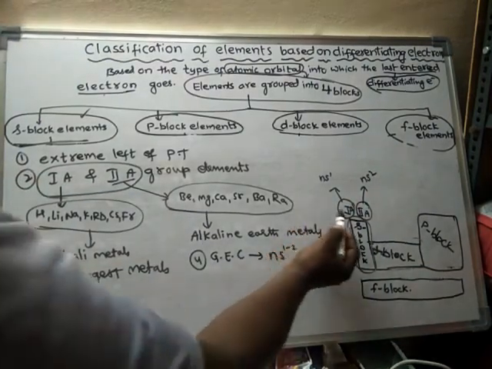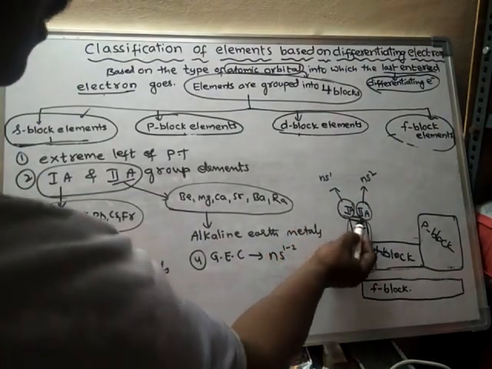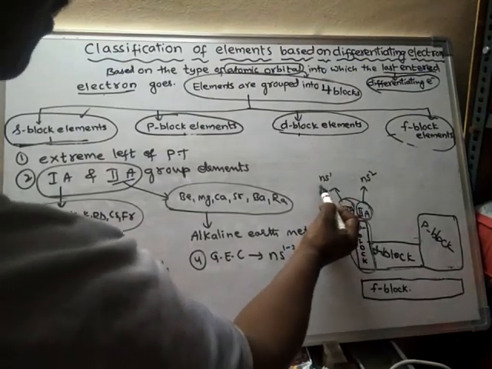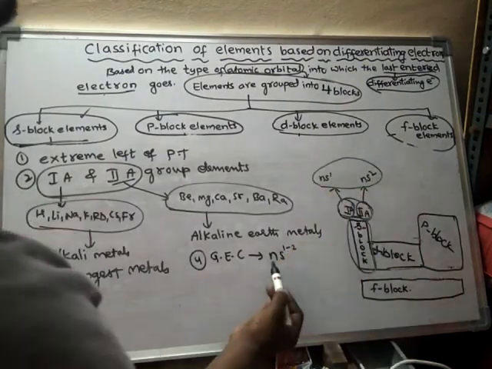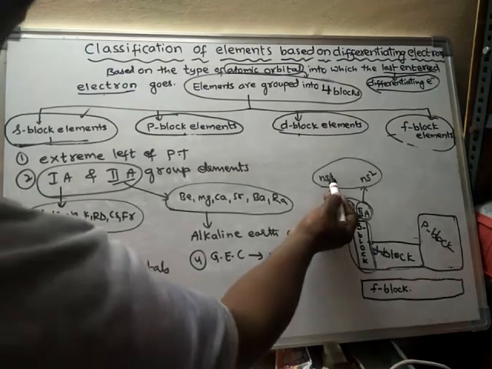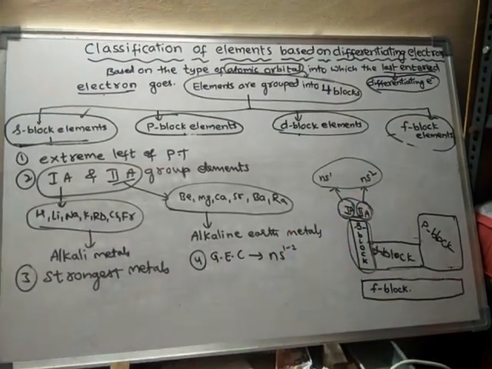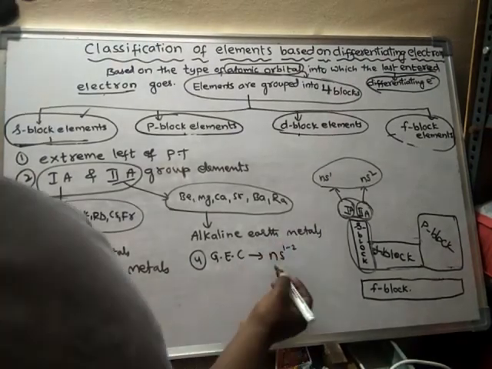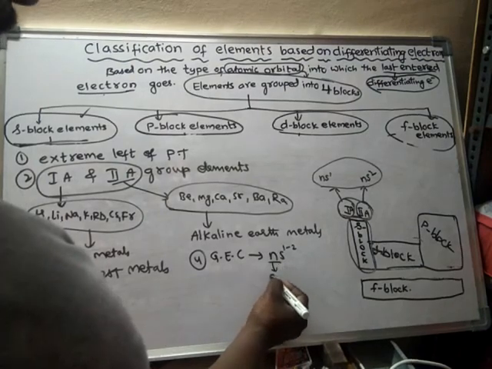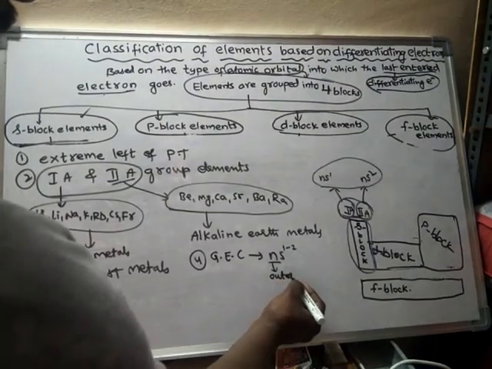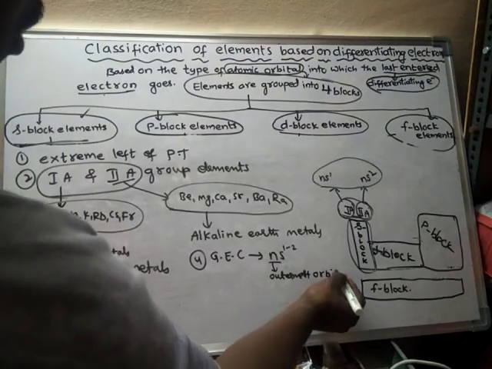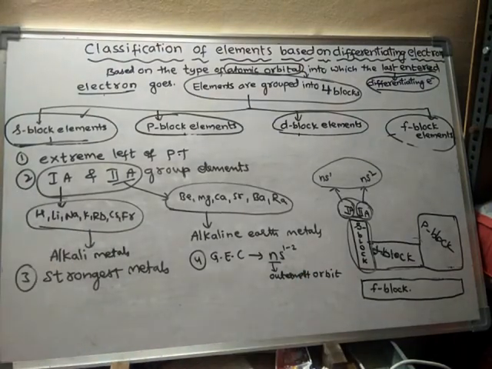Together we call them S block elements, and we may write ns1 to 2. What is this n? n indicates the outermost orbit, or valence shell, or ultimate shell, or nth shell.